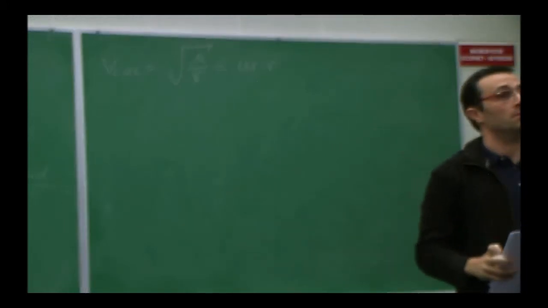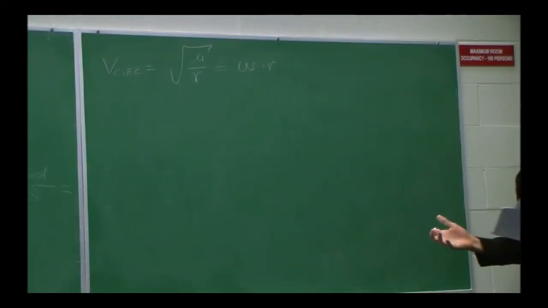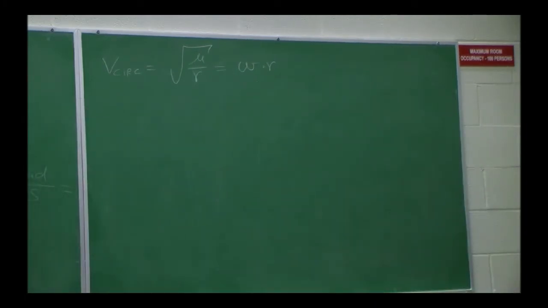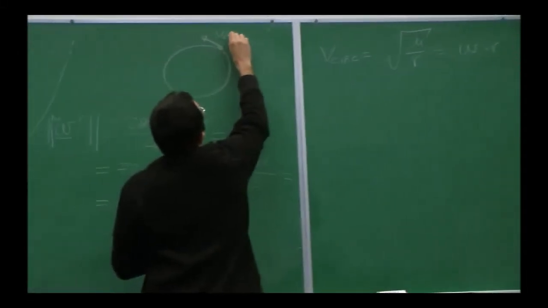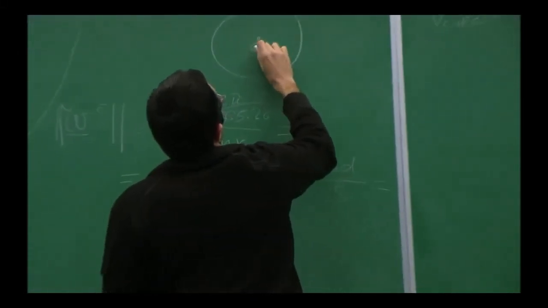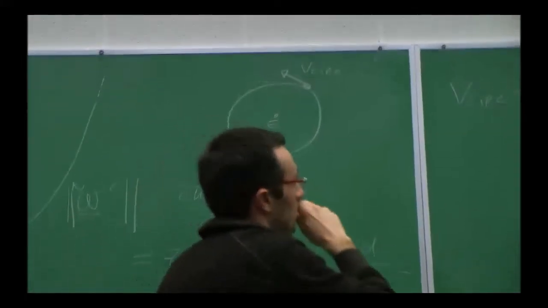Right? Two different ways of writing the velocity on a circle. This is my geostationary satellite. Its velocity is always tangent to the circle, so that's v circular. That is always true for any circular orbit, and this is my planet here. And I'm trying to match this angular velocity.